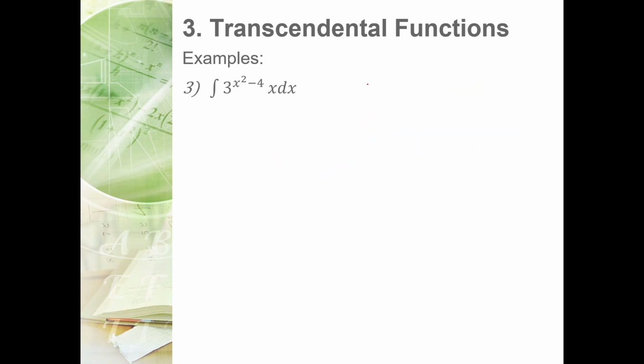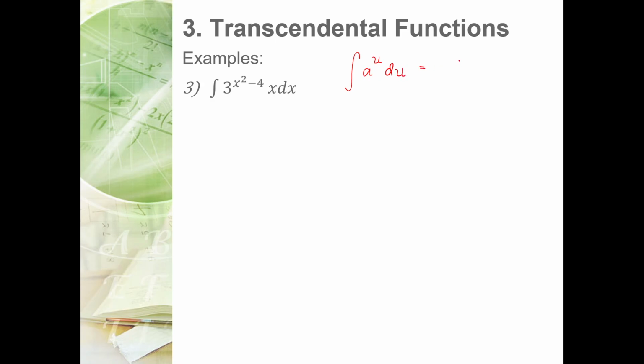Okay, so we go to the third example. This one is an exponential function. Looking at your equation, we have the integral of 3 raised to x squared minus 4 times x dx. Again, if we look at your exponential integrals, this one is in the format of a to the power of u du.